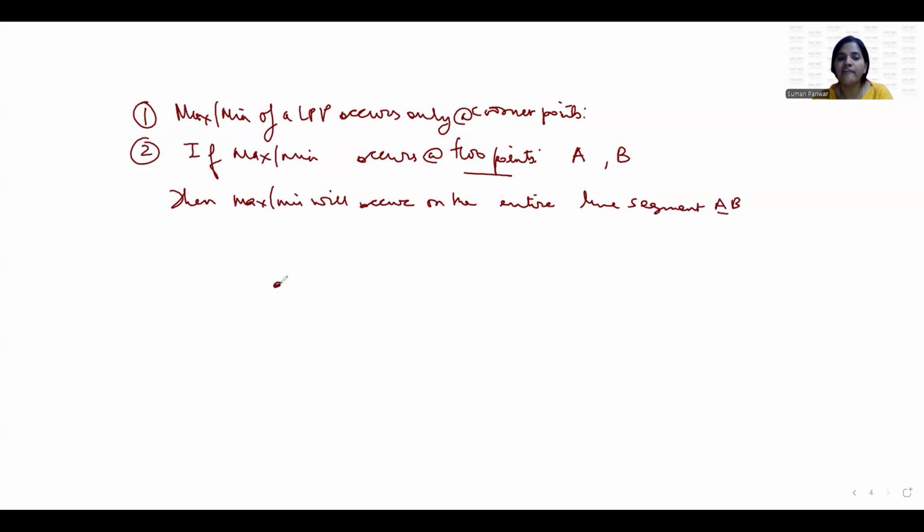That means if I have a point A and a point B, both corner points, there is a maxima at A, there is a maxima at B, then the maxima will occur at all the points joining the line segment A and B. So that means we will have infinite solutions.